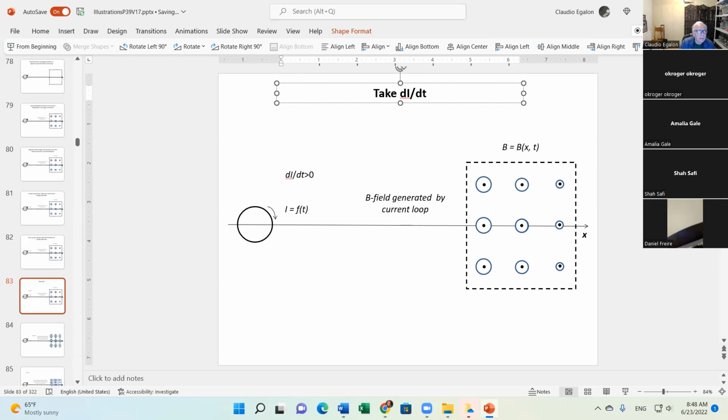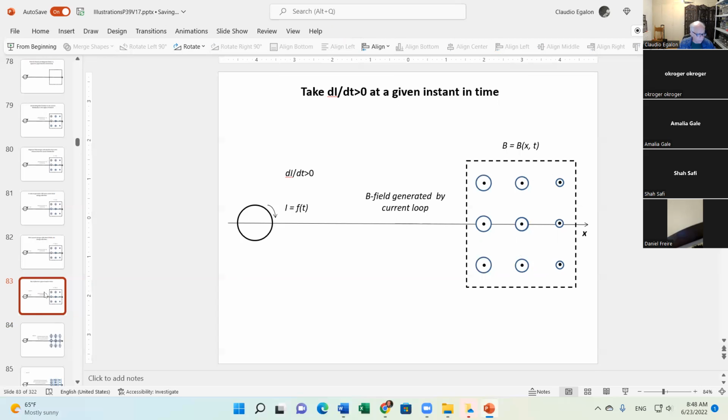Let's assume dI/dt is positive at a given instant in time. If dI/dt is positive, don't forget that B is proportional to I. It also means that dB/dt is also positive.